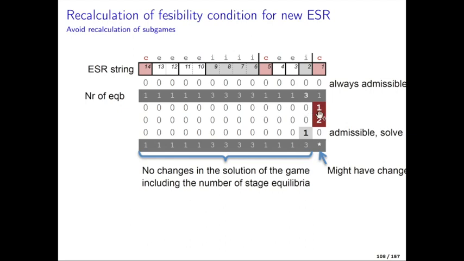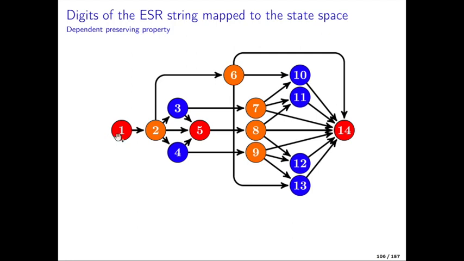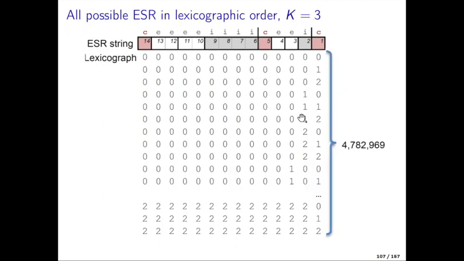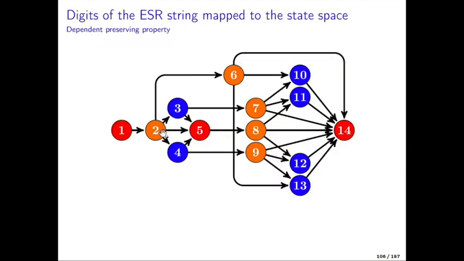But then you realize there was only one equilibrium in the apex, at the top of the pyramid. So this is not a feasible equilibrium selection string. You can jump over it, and you can jump over the next one. But then this one is admissible, and then you solve the game.